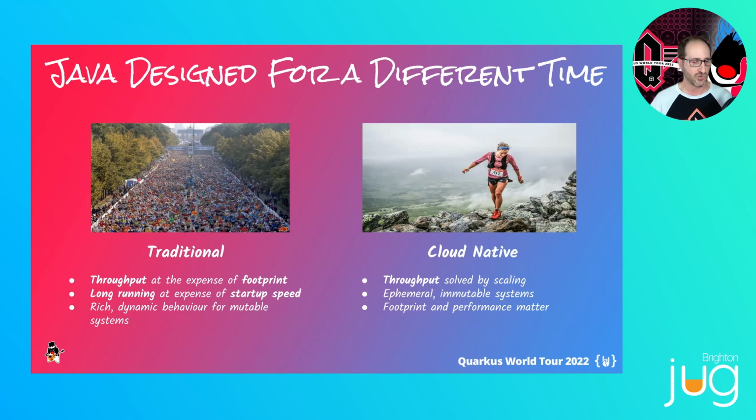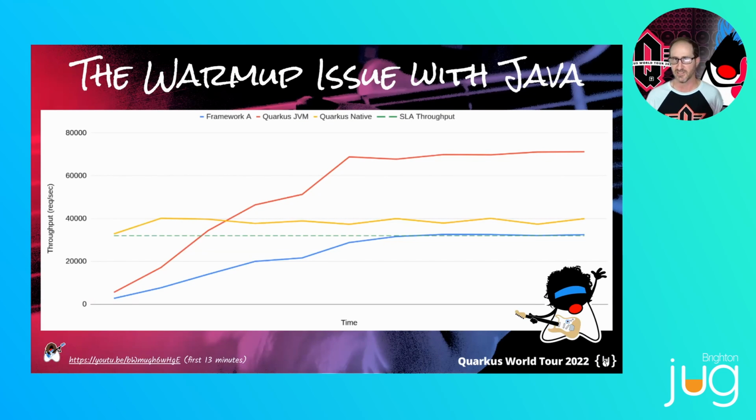So we try to solve the scaling problem by scaling things horizontally, which means we need things that start up faster and use fewer resources. And Java is a perfect example of that, because as you start up a Java application, it takes a few seconds just to start up, and the JVM does a whole bunch of stuff at startup to initialize things.